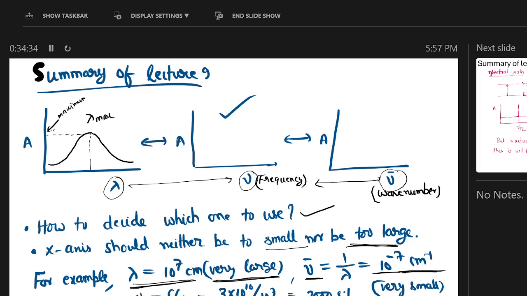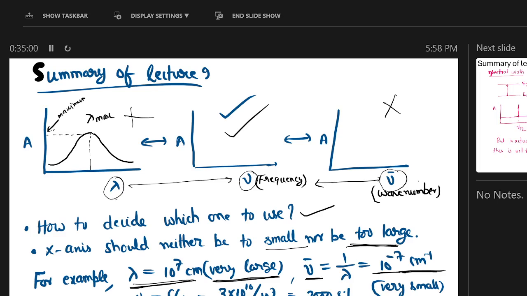So in this case, you should use this, not this. Because lambda is very high, wave number is very small, and for the x-axis you need some value which is not very large, not very small. You can plot that, but for simplicity, we do not use very large or very small numbers.